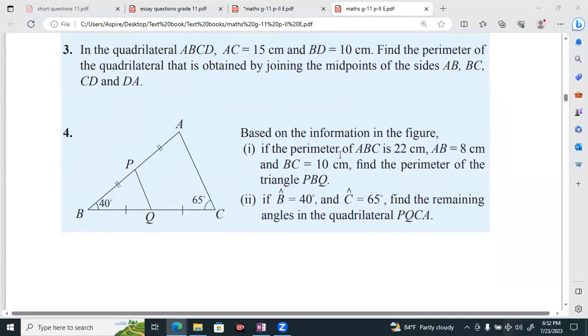Draw the diagram. In the fourth question, draw the diagram and try to find the answer.